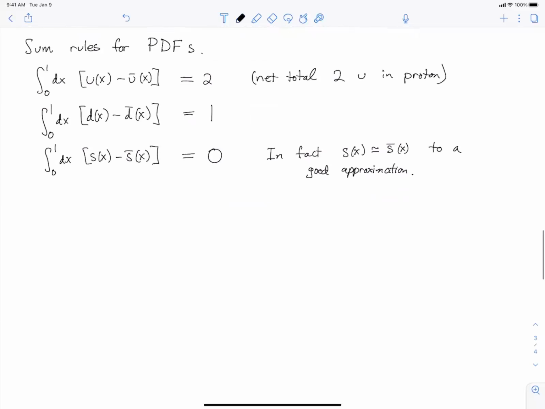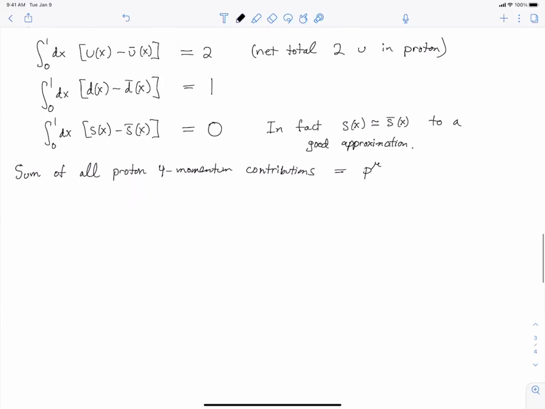Okay, here's another sum rule. Maybe they should actually be called integral rules, but they're called sum rules historically. If you sum all proton 4-momenta contributions, then you should get P mu, which is the total 4-momentum.